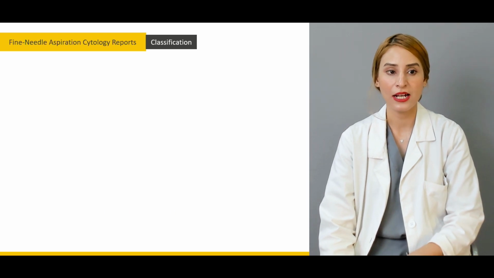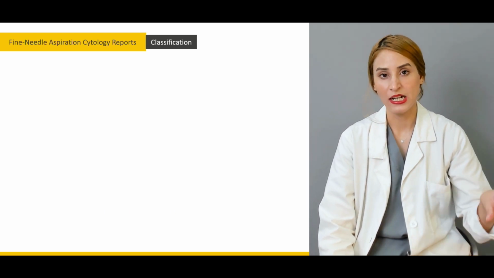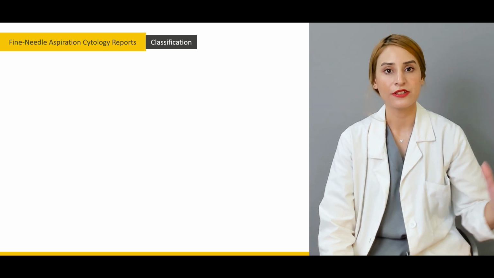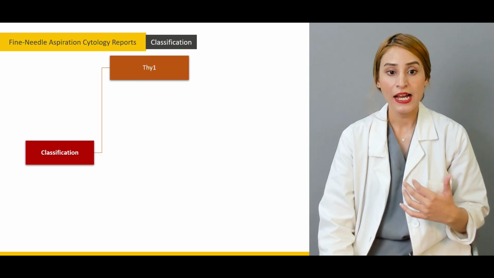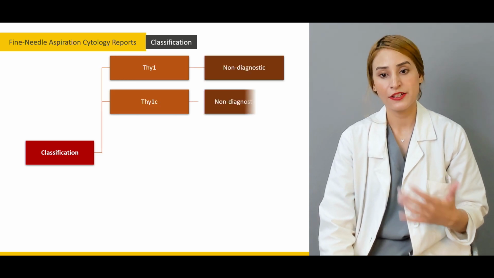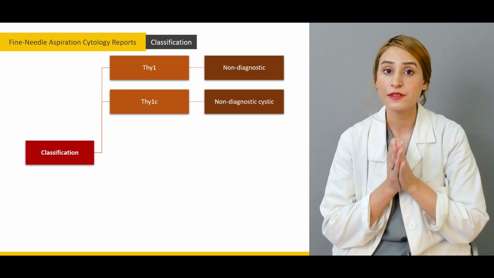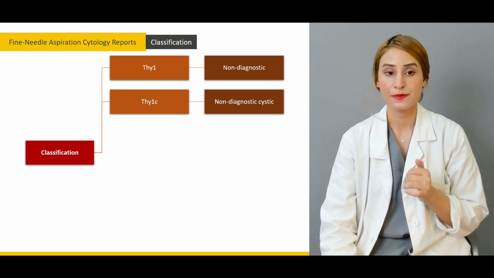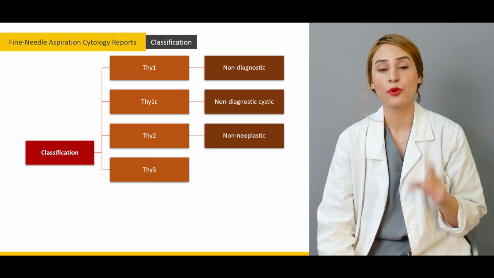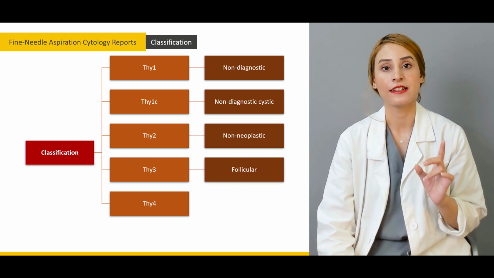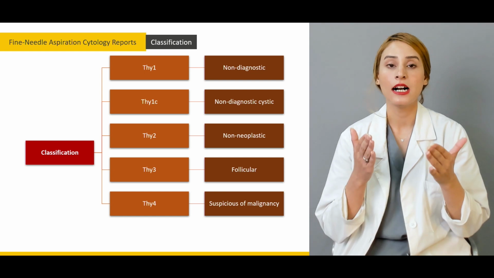So this was all about the basic imaging you're ordering for a patient who is coming to you with a thyroid swelling. Now, if we talk about other things, there is another modality, the fine needle aspiration cytology. But the question is, when are you going to order the fine needle aspiration? Why and when?